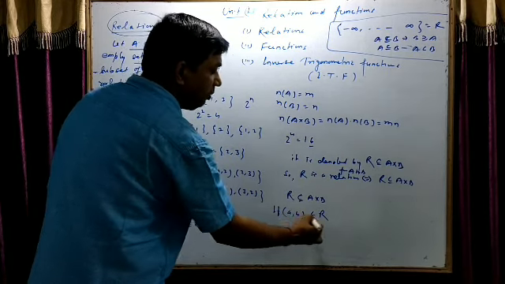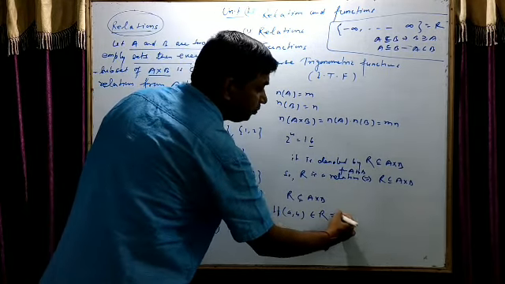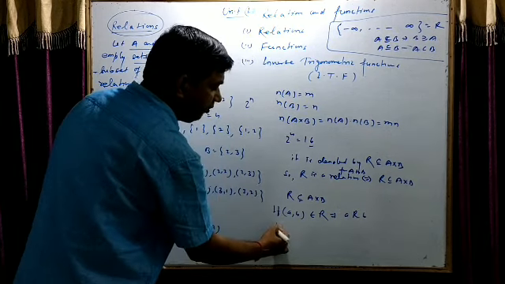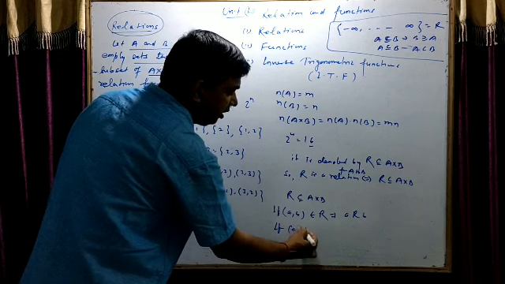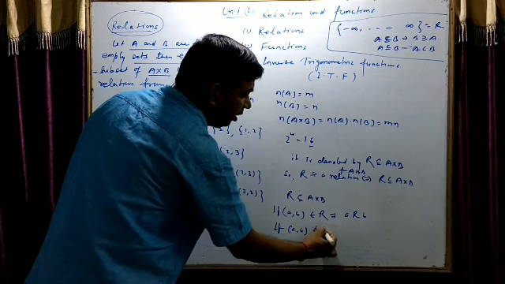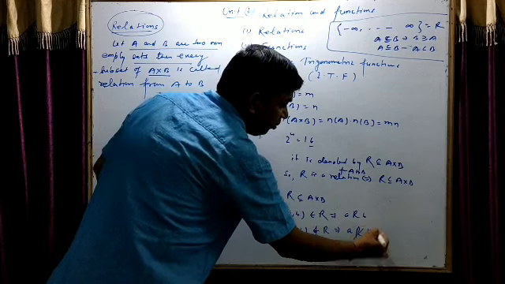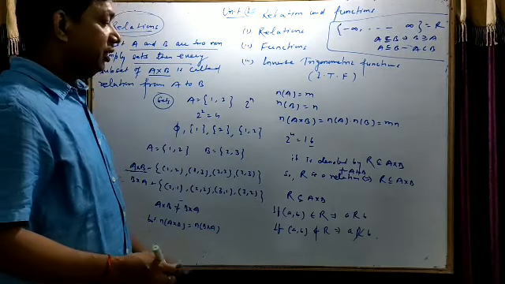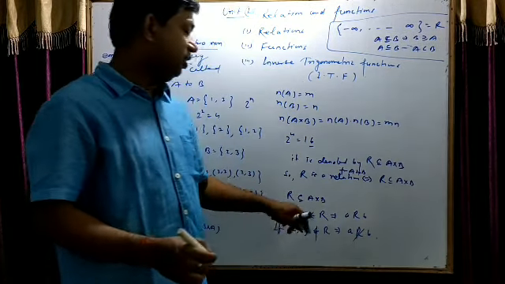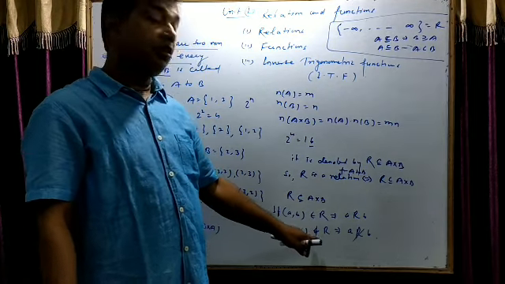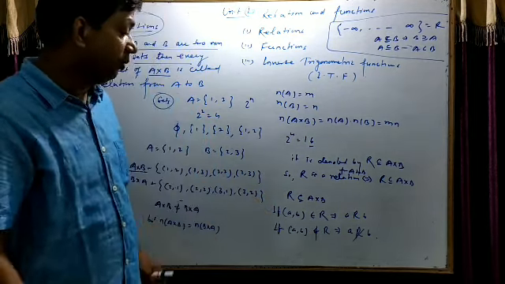If (a, b) belongs to R, it implies A is related to B, and if (a, b) does not belong to R, then this implies A is not related to B. Both are the same: A related to B means (a, b) belongs to R, and A not related to B means (a, b) does not belong to R.